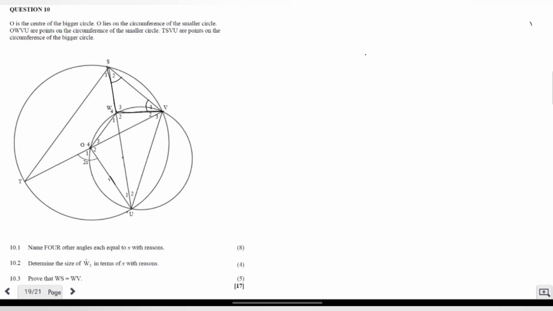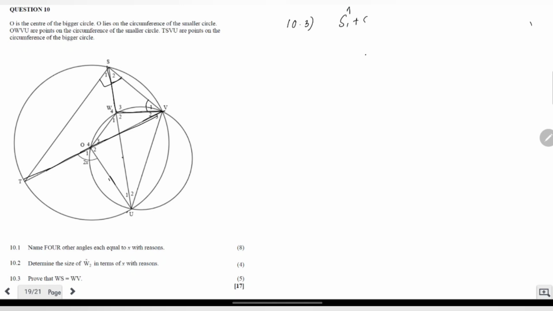So guys, in the beginning I said that this TV is the diameter. So S1 and S2 is 90 degrees, isn't it? So 10.3, let me write that one.